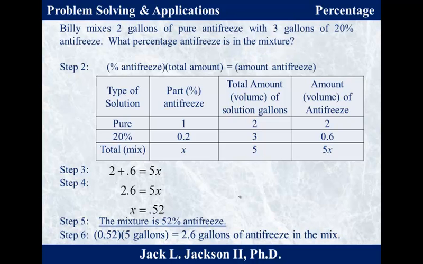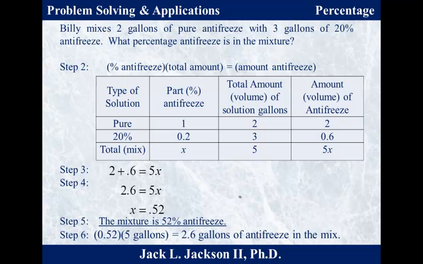But we have the percentage of the part times the total amount gives you the amount of the part. So if it's 100% antifreeze and we have 2 gallons, then we have 2 gallons of antifreeze. But 20% of the 3 gallons is antifreeze, so that's only 0.6 gallons of antifreeze, the rest being something else that we don't care what it is, most likely just water.